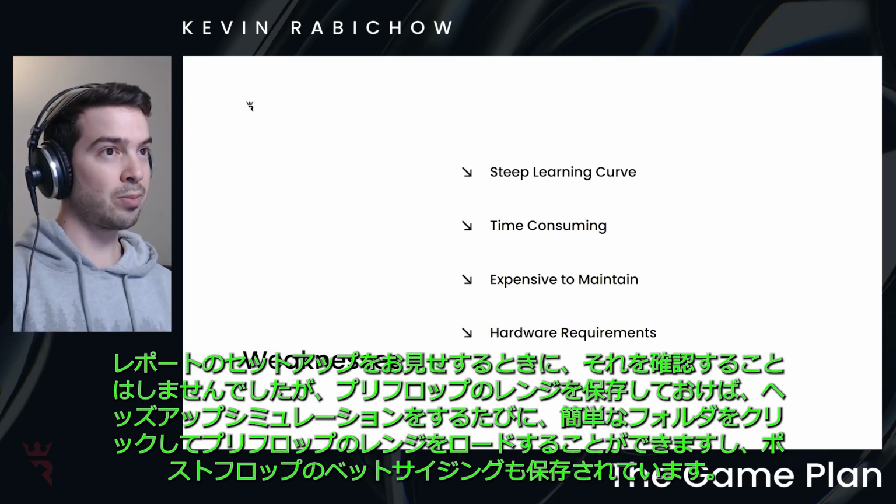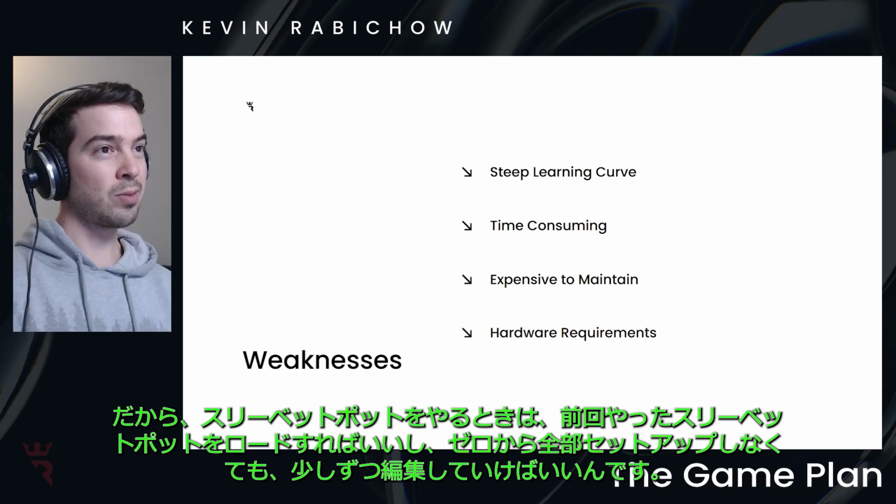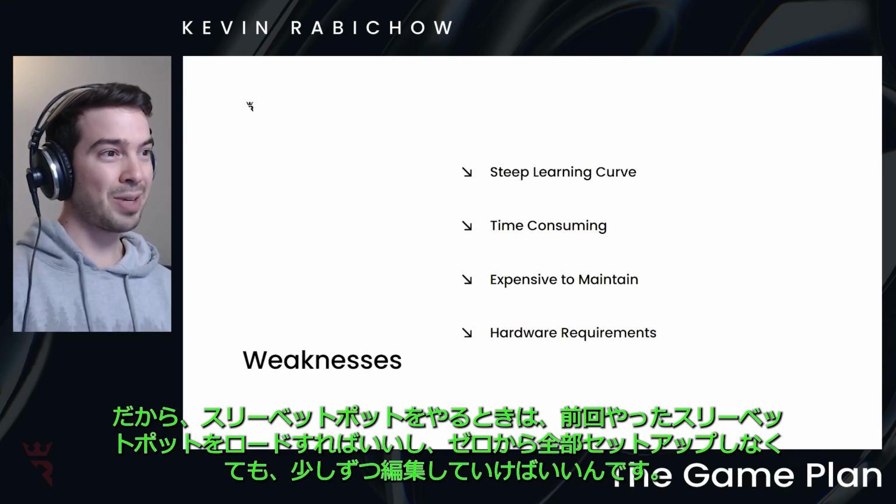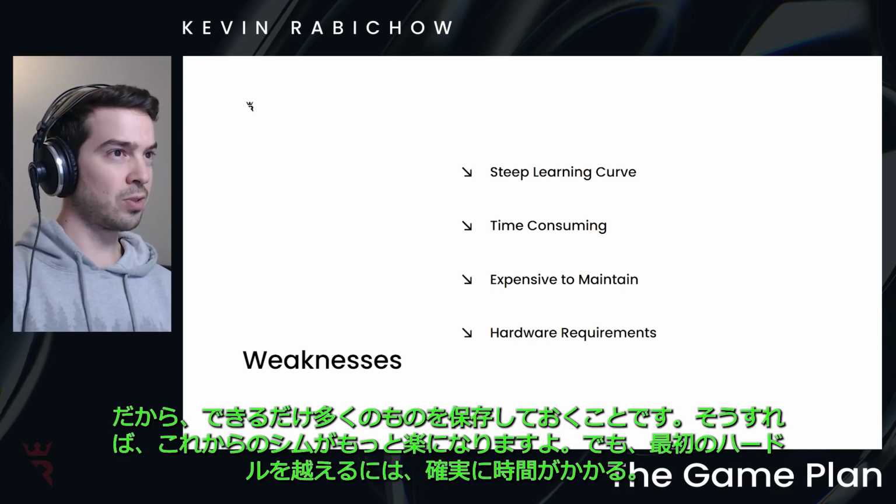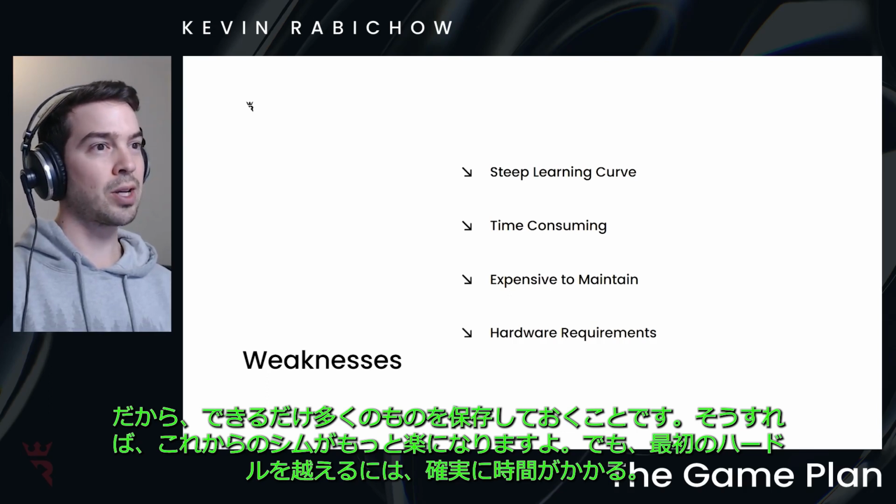I've got my postflop bet sizing saved. So every time I want to do a 3-bet pot, I can just load the last 3-bet pot that I did and make little edits rather than having to set up everything from scratch. So save as much stuff as you can, and that's going to make future sims a lot easier, but it will take some time to get over that initial hurdle for sure.